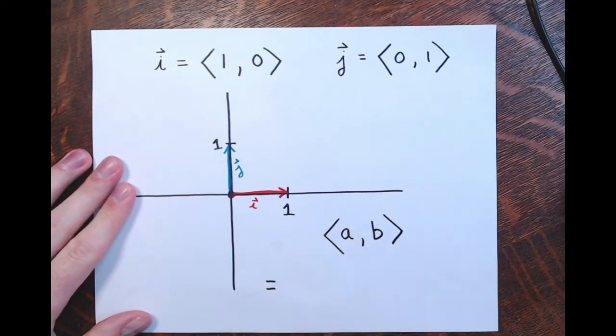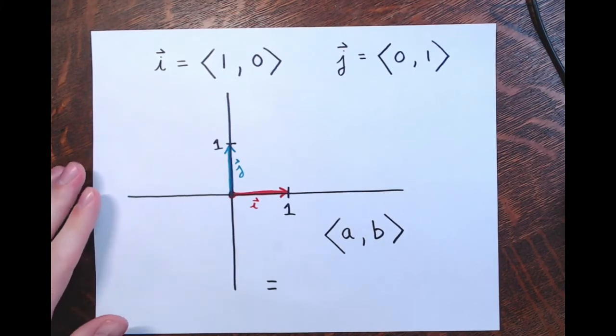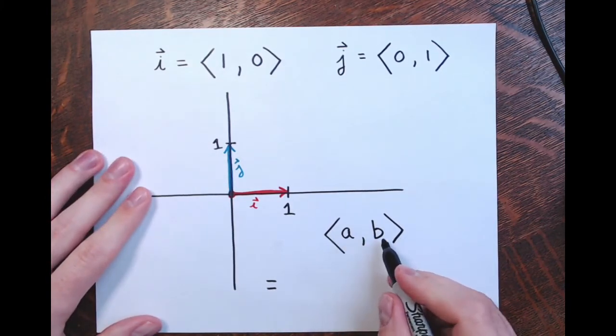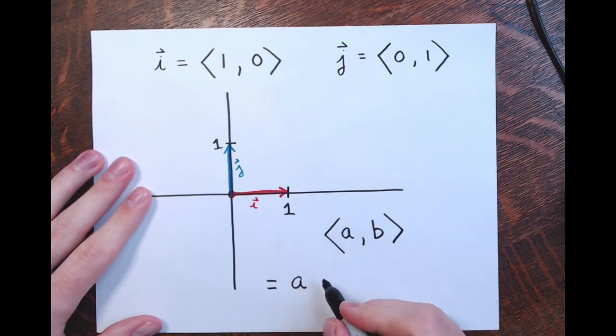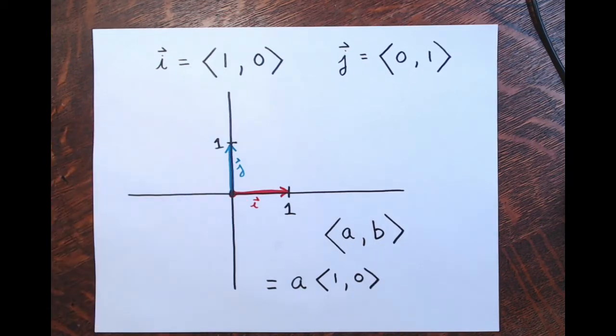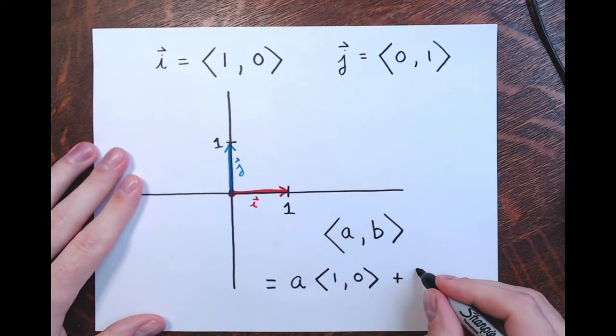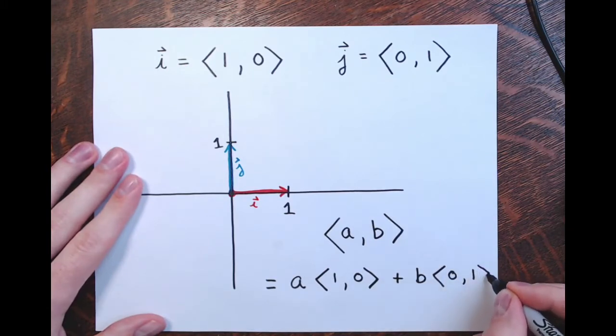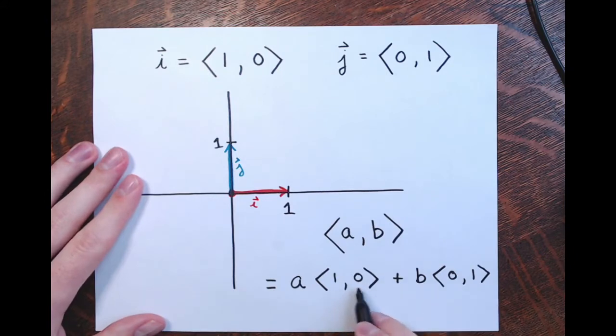If you think back to how scalar multiplication and vector addition worked, I could rewrite any vector with components a and b as a times the vector 1, 0, if you think of a now as a scalar, plus b times the vector 0, 1. But rather than write all this out, we just replace 1, 0 with i and 0, 1 with vector j.